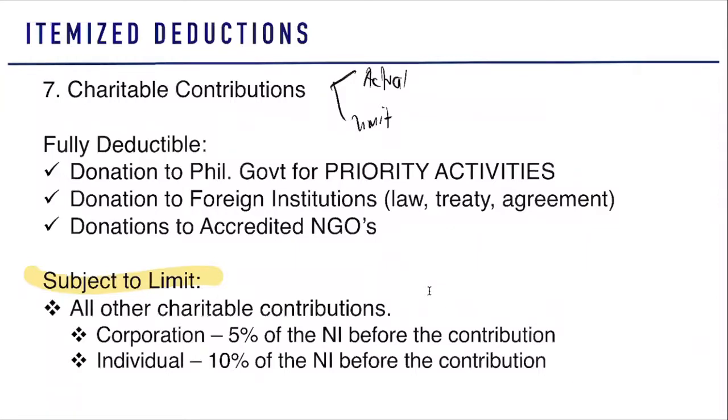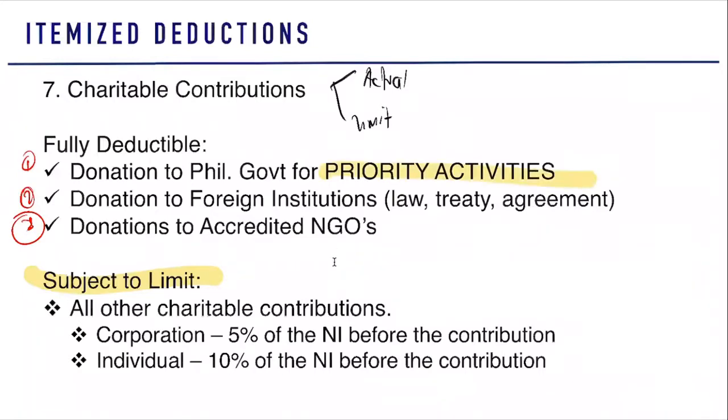So we have the following charitable contributions subject to full deduction or actual amount. So what are those? We only have 3 items. 1, 2, and 3. So the first one is your donation to the Philippine government for priority activities.